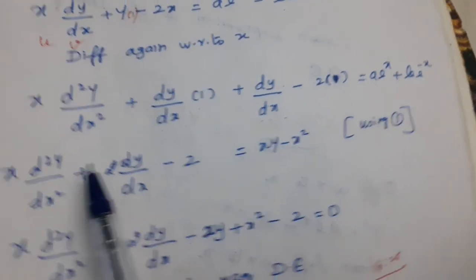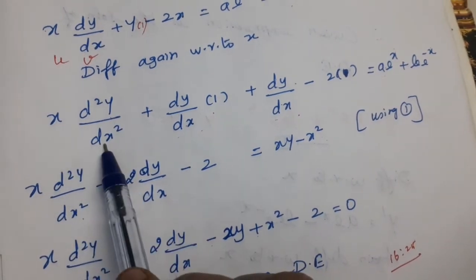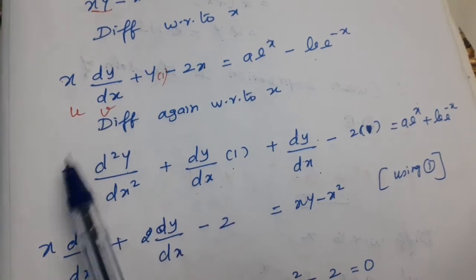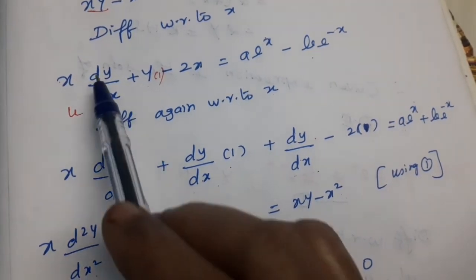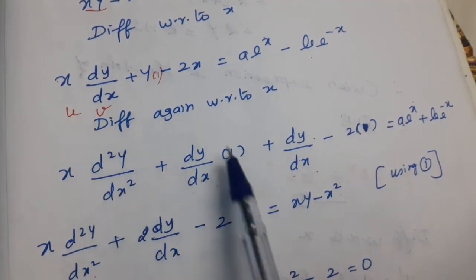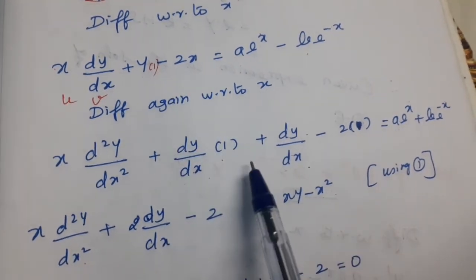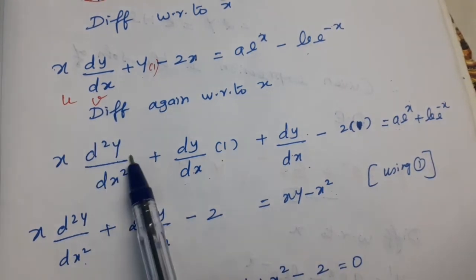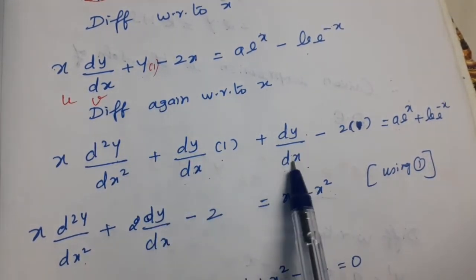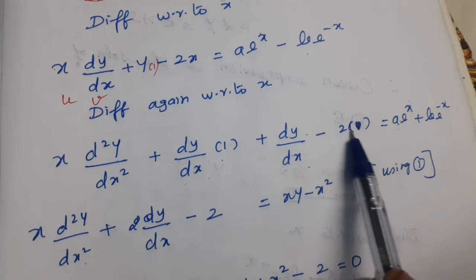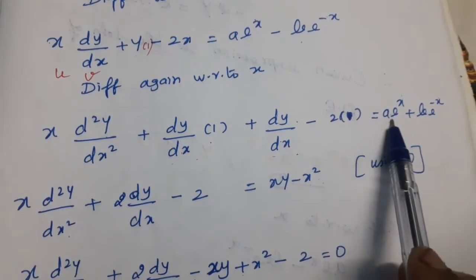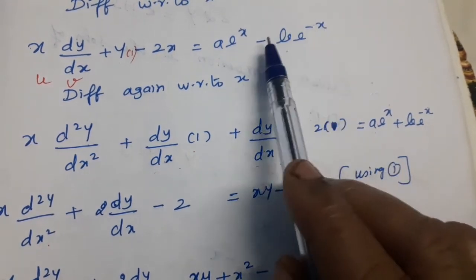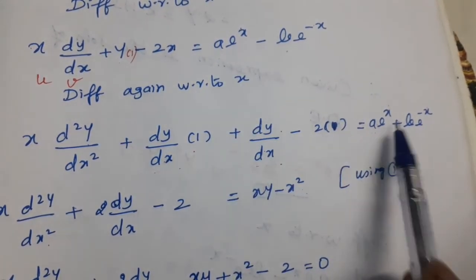So what is the second derivative? UV method: x into d square y by dx square plus dy by dx into 1, plus dy by dx minus 2 into 1. a into e power x differentiates to e power x, and e power minus x differentiates to minus e power minus x, minus into minus becomes plus.